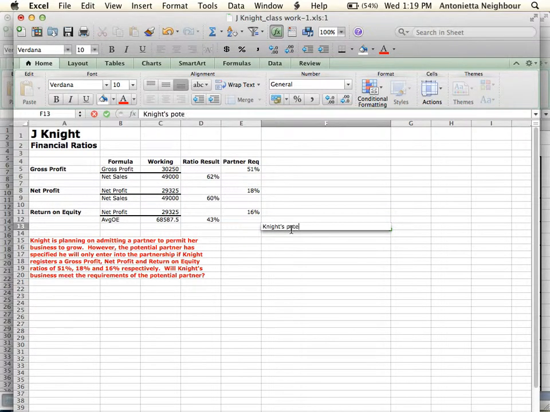Knight's potential partner requires the business to return a gross profit, net profit, and return on equity ratio result of 51%, 18%, and 16% respectively.